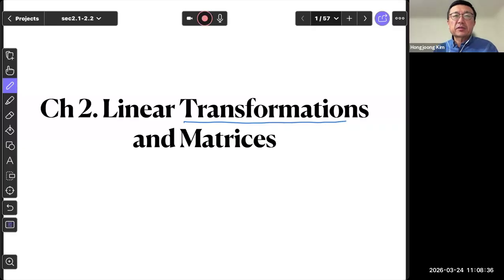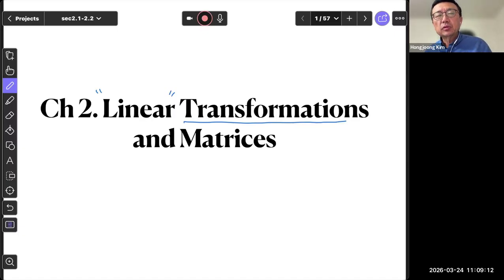You are given two sets, and you assign a certain element in one set to an element in the other set, and we have certain rules, right? So I guess you know what a function is. So this transformation is equivalent to a function in our class. Now the point is we want to consider something called a linear transformation, a linear function, linear mapping.